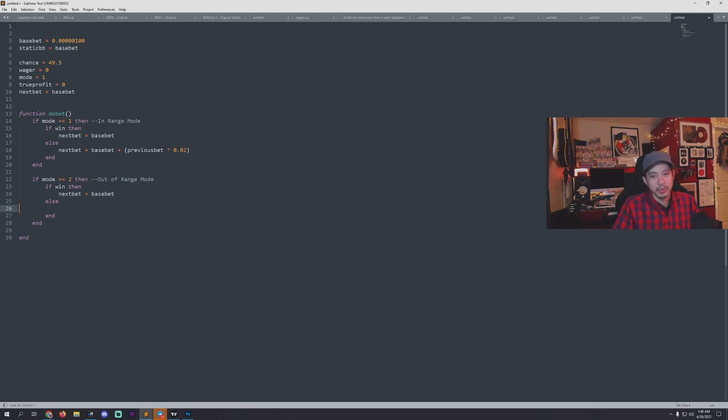So that works for both cases. So now, else, right? Else, we're going to have to do, if you were to go down and if you're out of the range, we're going to do next bet equals previous bet times 2.